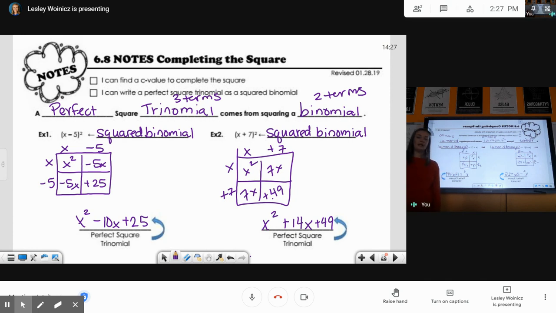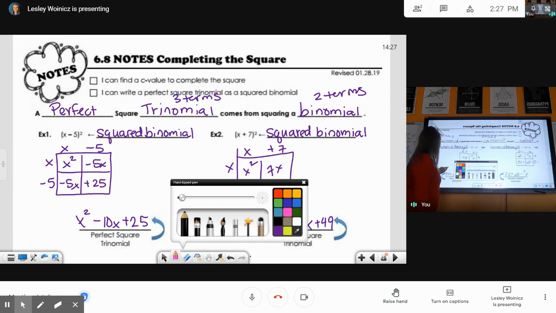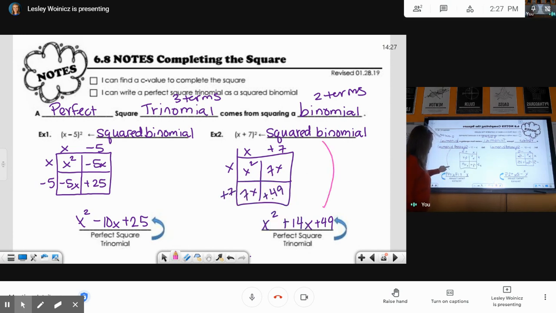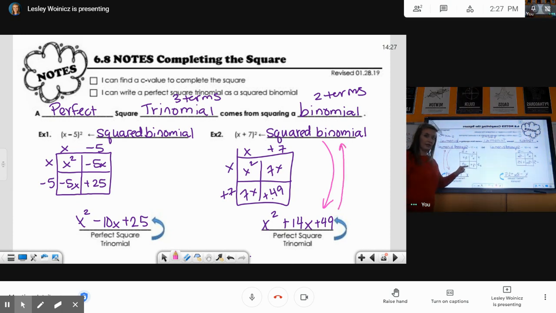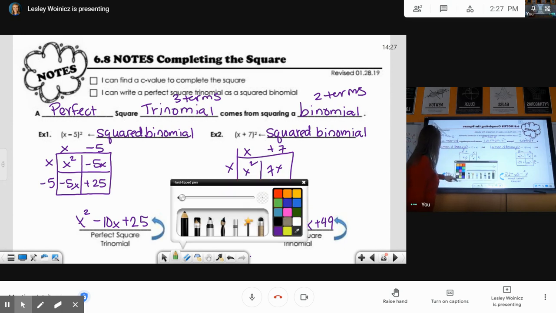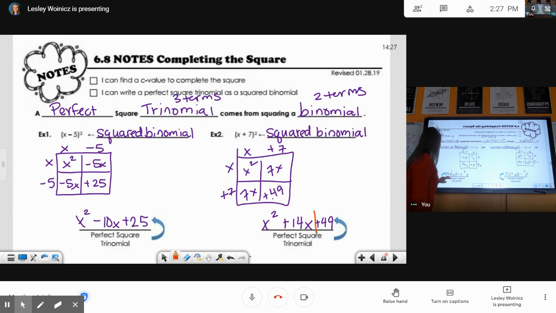Okay, so the big thing about today is that we are going to look for some patterns that we can exploit to go backwards, because we already know how to go from a squared binomial to a perfect square trinomial. We've been doing that since, what, September? Easy, right? We have got to figure out how the heck we go backwards, right? So we need some patterns to help us out. So the first pattern I want to draw your attention to is the C value.